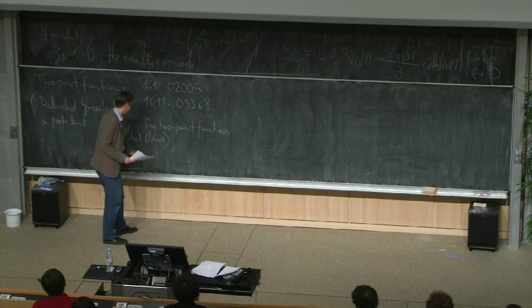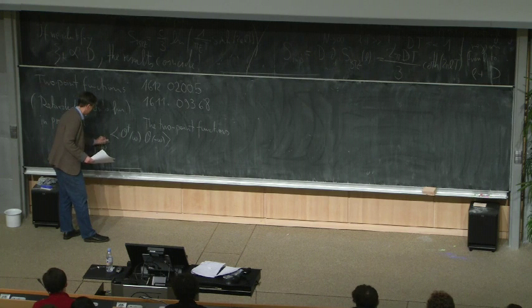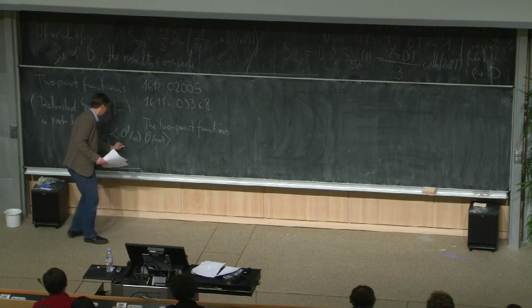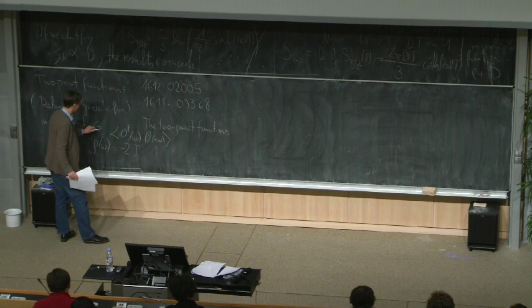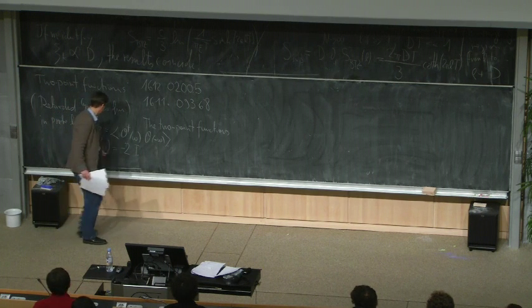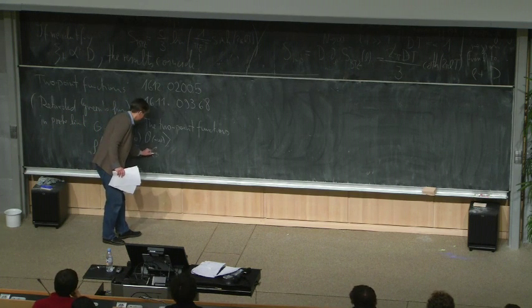From this you can calculate the so-called spectral function, which is defined as minus twice the imaginary part of the retarded Green's function, which you get from this correlator.